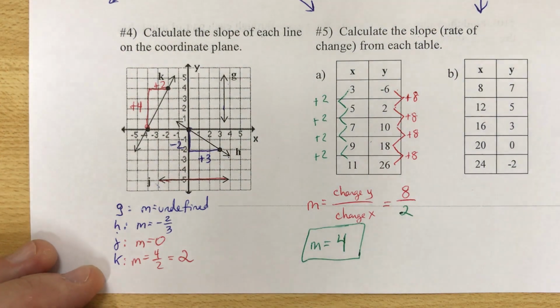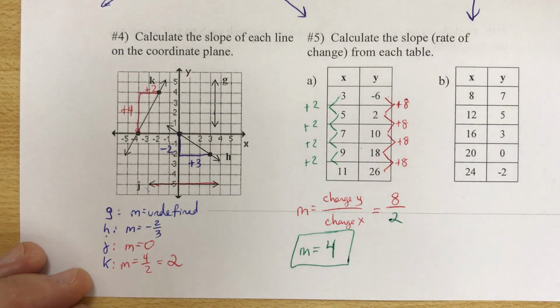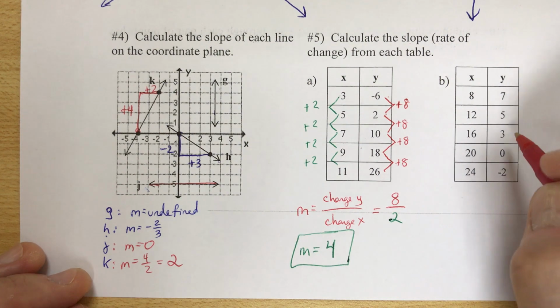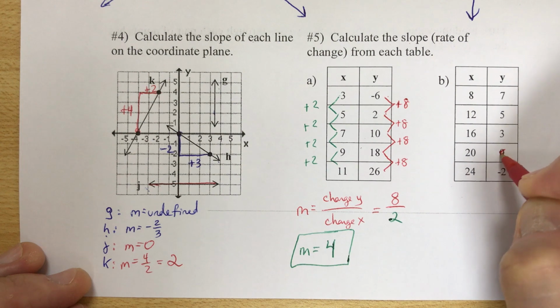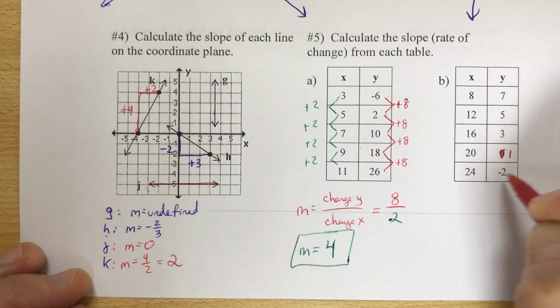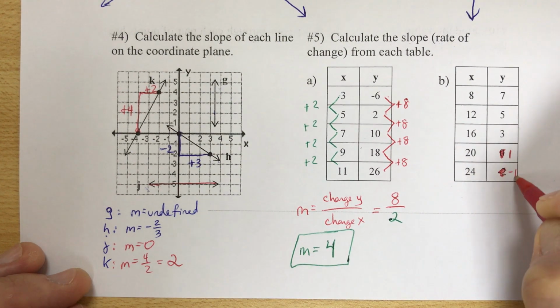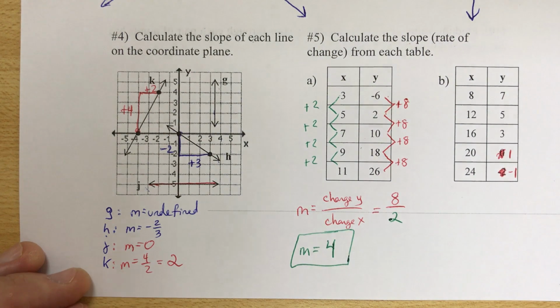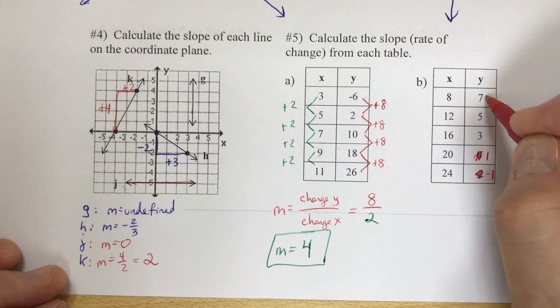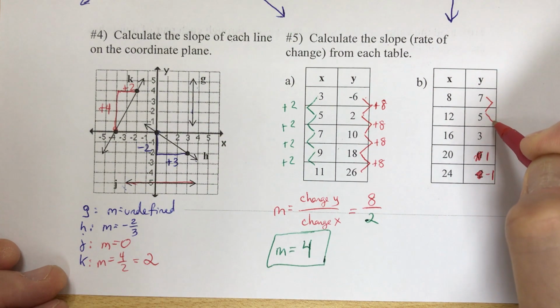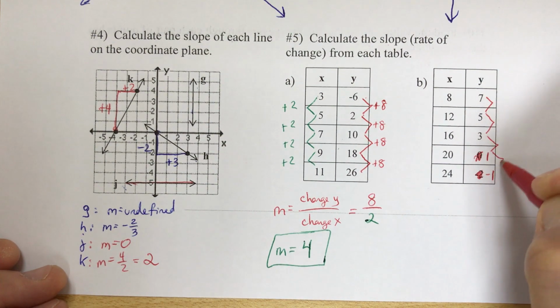That's your slope. In part B, actually, I'm going to make a slight change to this because this should say, I'm going to go from 3, I apologize here, to 1, and from 1 to negative 1, or else it's not going to work out very well. Okay, so the change in the y values, 7, 5, 5, 3, 3, 1, 1, negative 1.